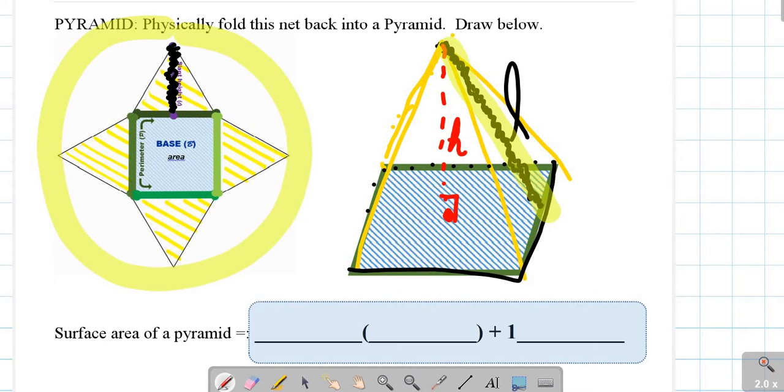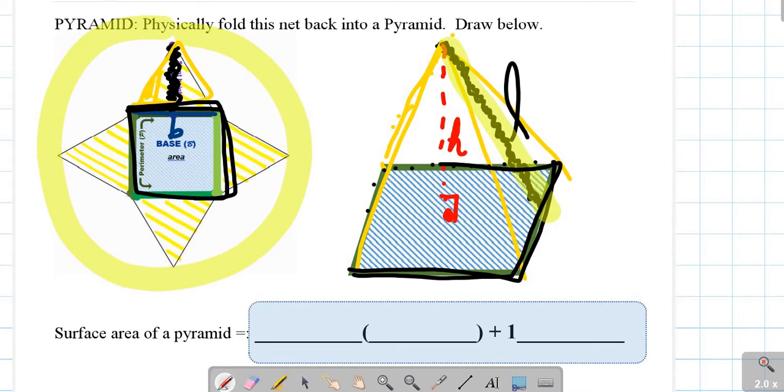So if I want to find the area of these triangles here, it would simply be base, lowercase b, times height over 2. And if you do all 4 bases, when we trace that, that's actually the perimeter again.